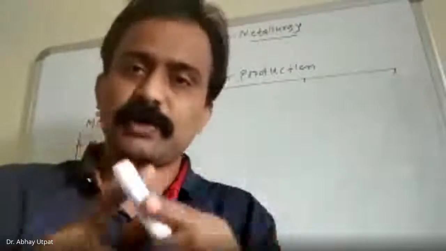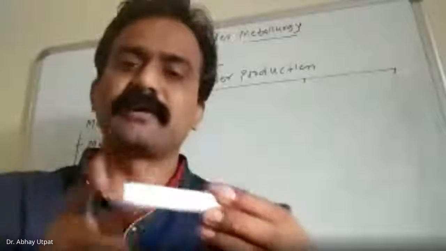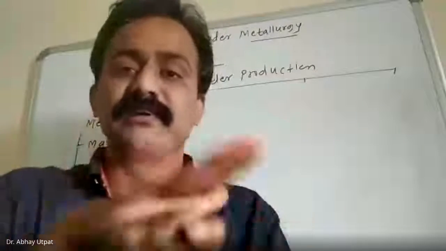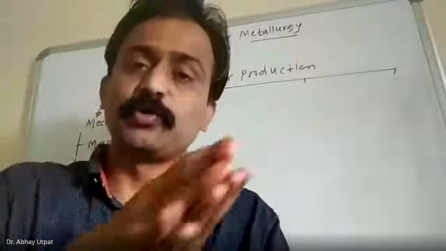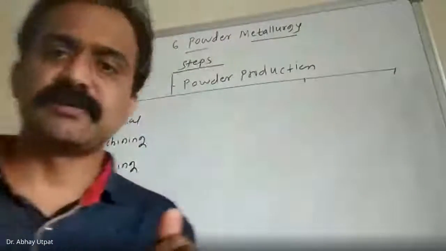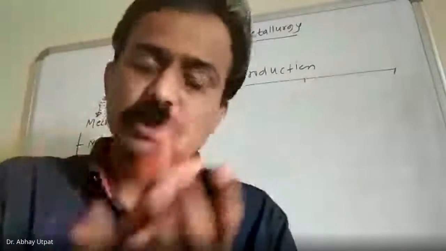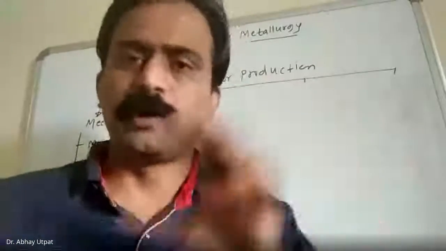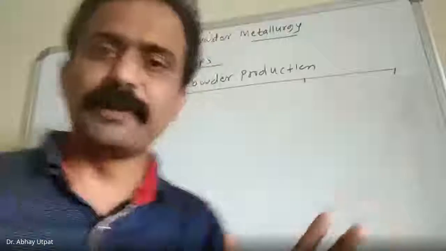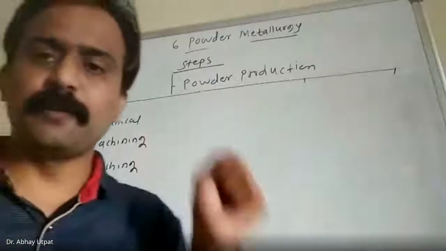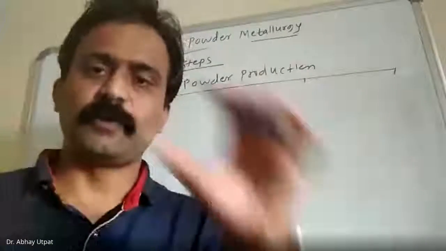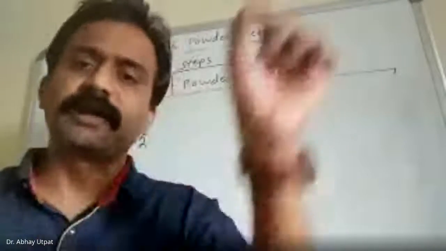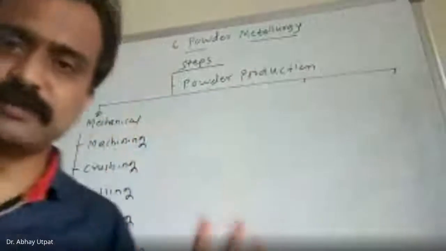So instead, I will go on turning it and produce chips from it, and then these are pulverized. You crush these chips directly, and by crushing these chips, fine powder of the metal or alloy is produced. So simple, making powder available by the machining process. Whatever scrap is available, you pulverize or crush, and you get powder. That is the meaning of machining.